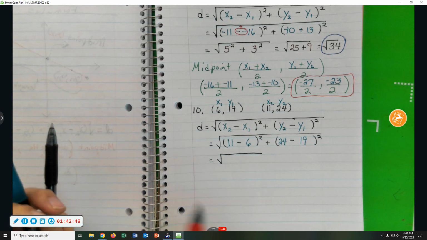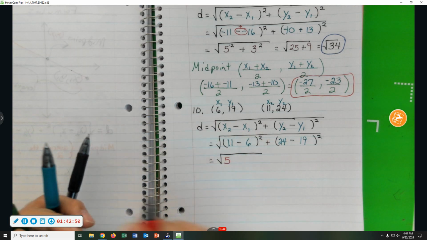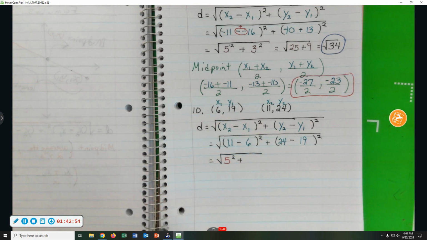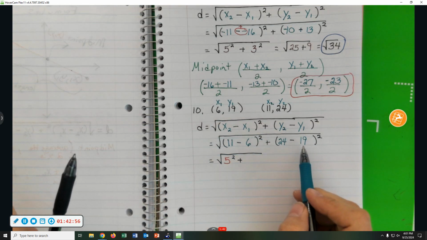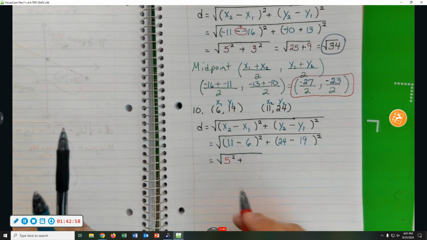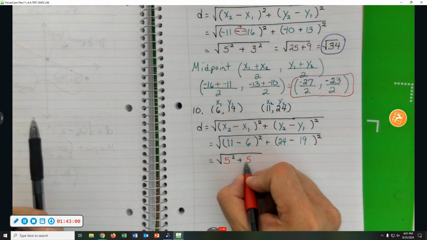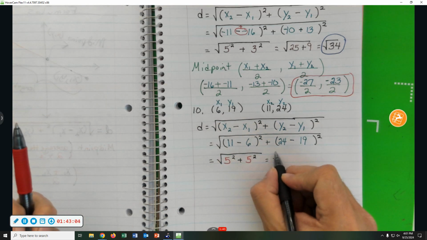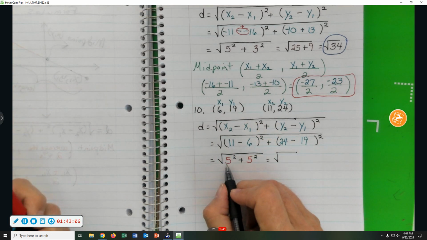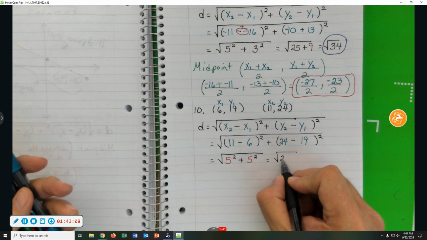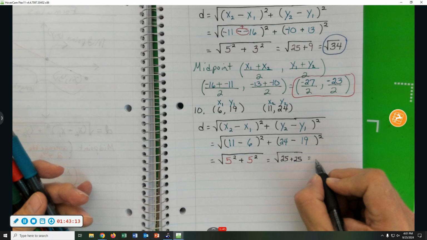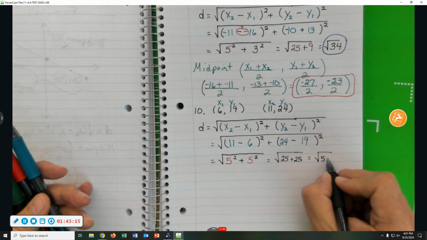So we have 5 squared plus, what about 24 minus 19? Is that another 5? So 5 squared is 25, so 25 plus 25 is 50.